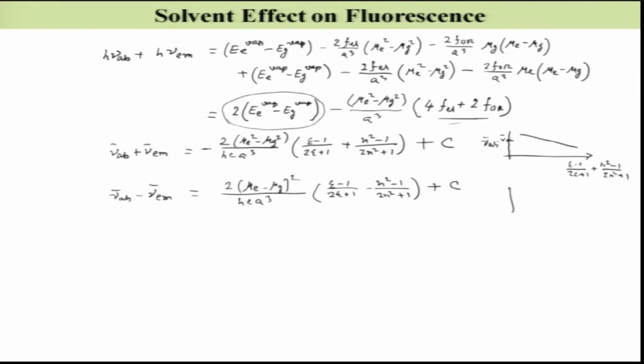If I plot nu bar absorption plus nu bar emission versus epsilon minus 1 by twice epsilon plus 1 minus n square minus 1 by twice n square plus 1, I will get a straight line with a positive slope.